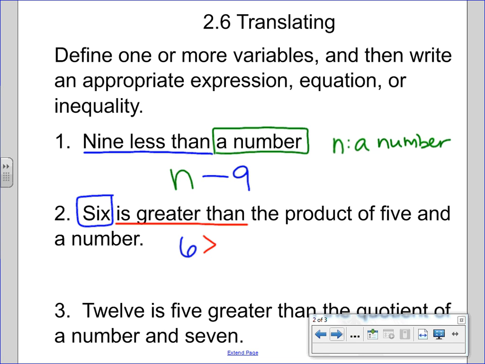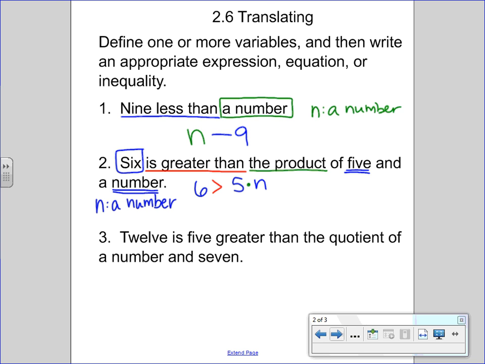The product is talking about the answer of a multiplication problem. So we're multiplying two things together. The two things we're multiplying together are 5 and a number. And again, in this case, I'm going to say n stands for a number. So we're multiplying 5 times a number.